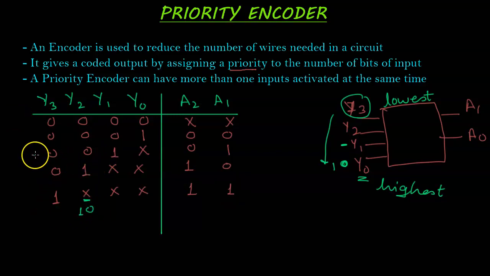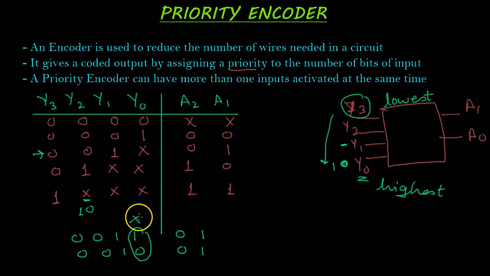So if we take this logic, if the input is 0, 0, 1, 1, then the output is again 0, 1 only. Also, if it's 0, 0, 1, 0, then the output will be 1, 0. So if Y0 is 1 or 0, it does not matter. Don't care, denoted by X, the output will be the same.